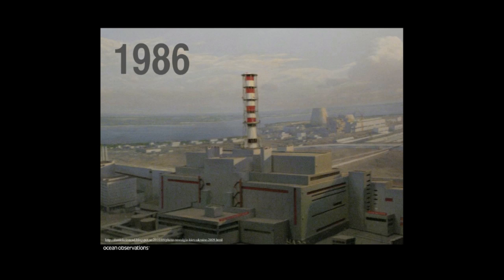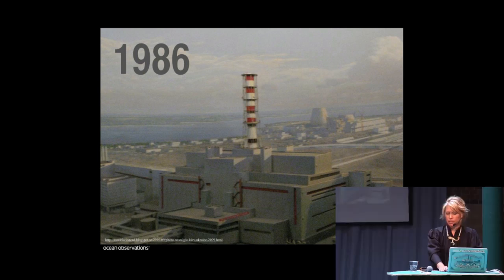I will start in 1986, 26th of April. The Chernobyl nuclear power plant is scheduled to do an experiment to test the potential safety of emergency core cooling, which takes place during a normal shutdown of the nuclear power plant.